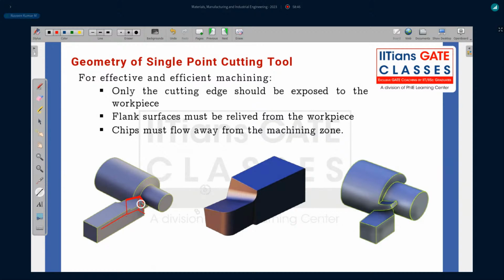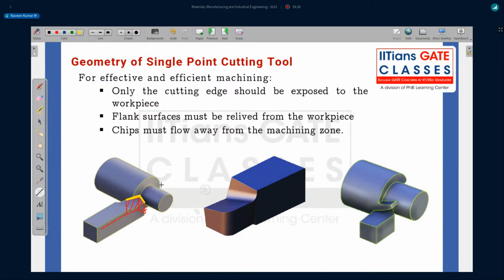But my importance is only the cutting edge. This one, this and this have to be in contact with the workpiece. I'll highlight again. Only this and this has to be in contact. The shaded one should not be in contact with the workpiece.